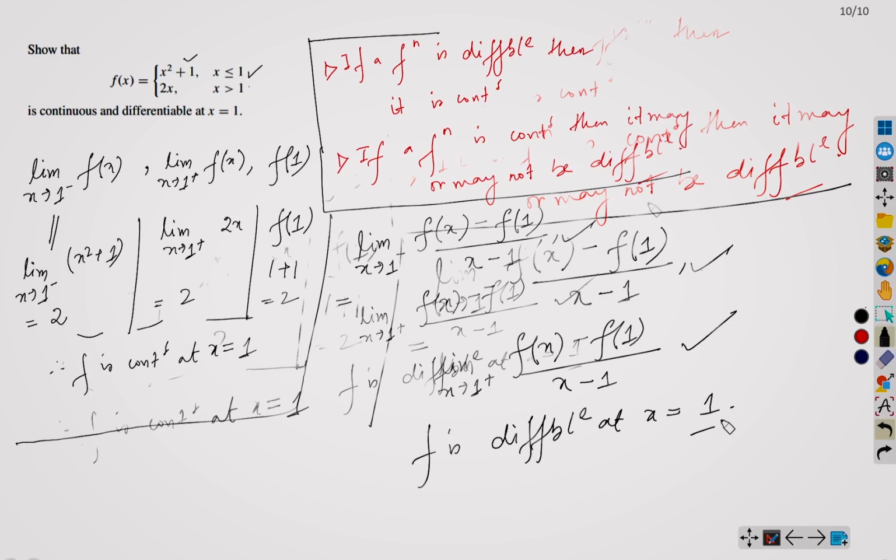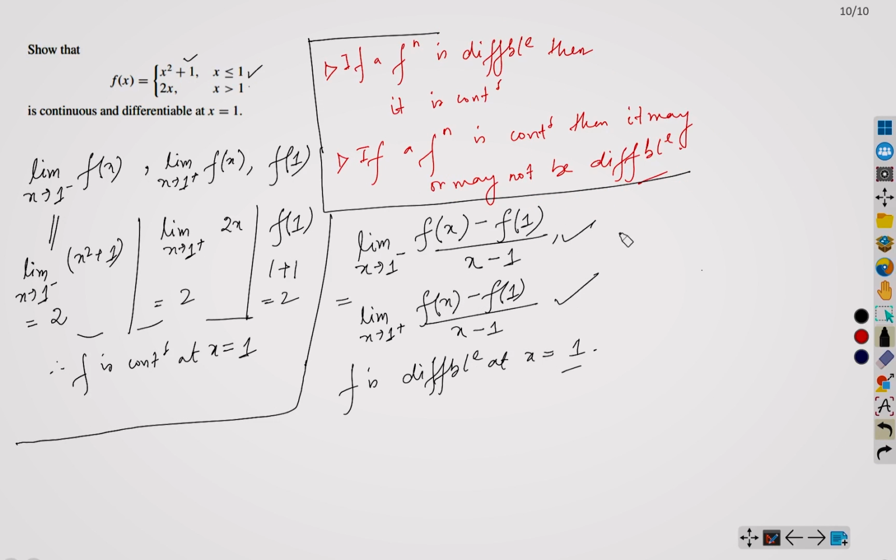Okay, so first let us determine this one. We have the limit as x tends to 1 minus of f(x) minus f(1) upon x minus 1. x tends to 1 minus means f(x) is x square plus 1, and we know f(1) is 2.